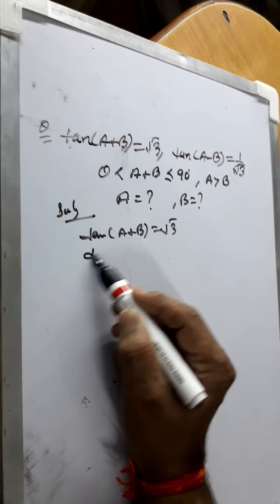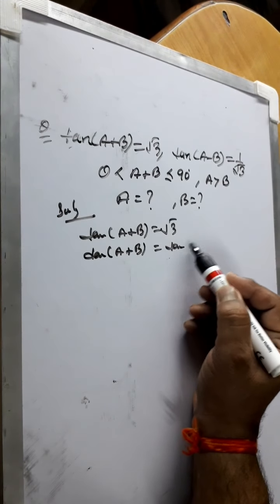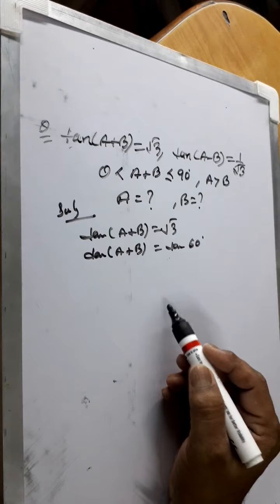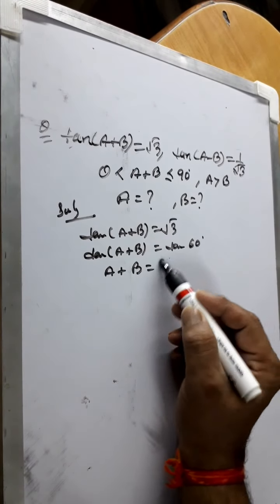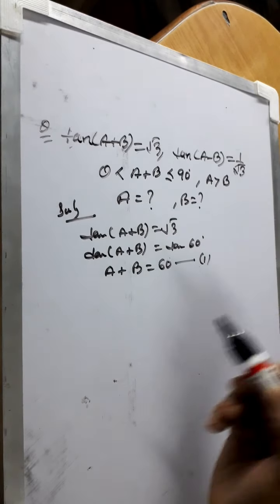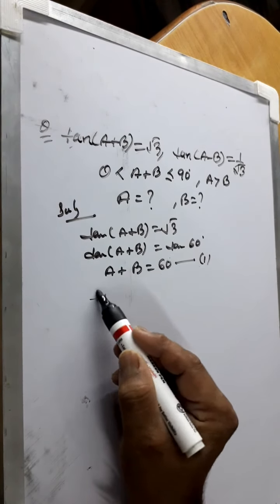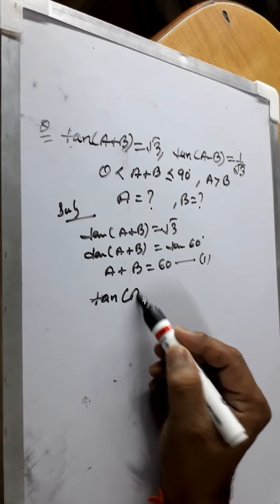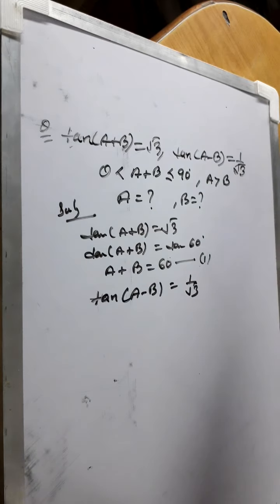We know this. Then we can write tan of a plus b is equal to tan 60 degree. On removing tan on both sides, we get a plus b is equal to 60. Let it be equation 1. Again, tan of a minus b is equal to 1 upon root 3. It is given.